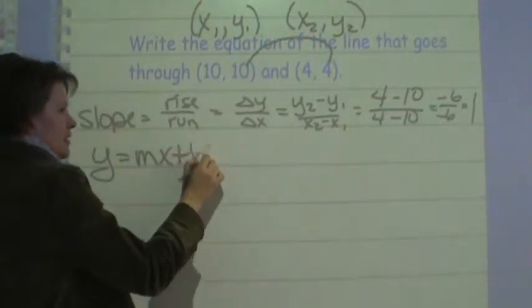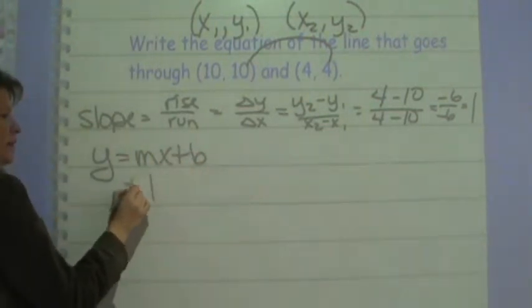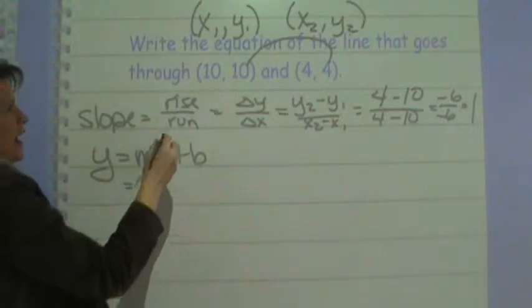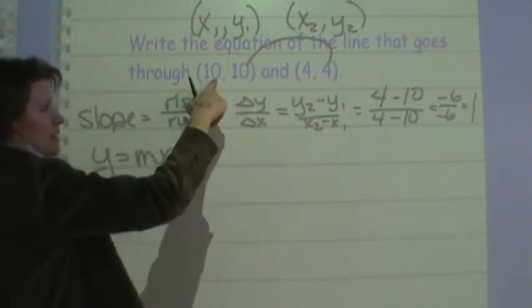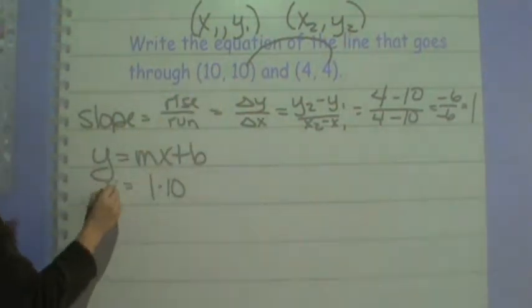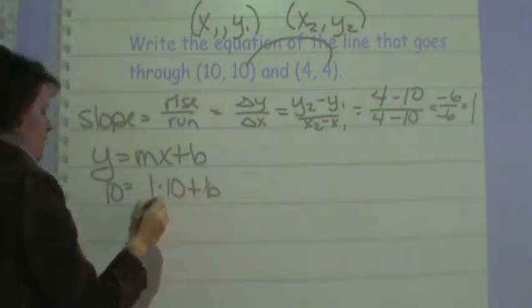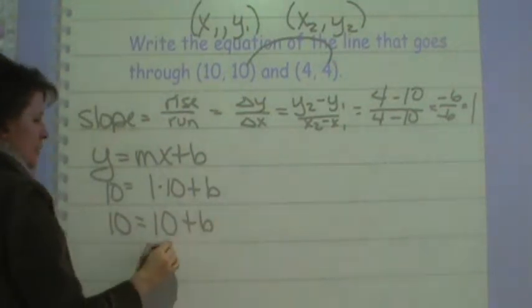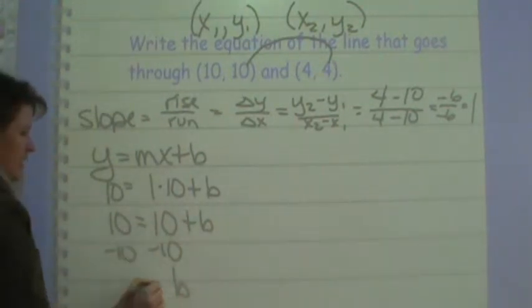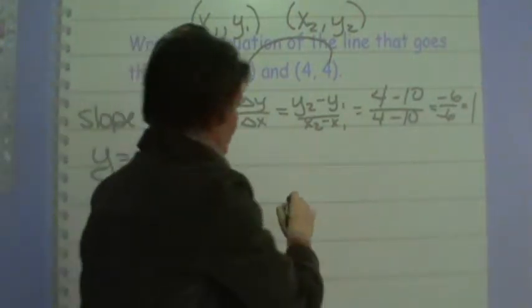So let's go back to this equation. We now know m is 1. And we can pick either point now for our x and our y. So if I pick this x, then I have to pick this y. Okay, so 10 equals 1 times 10 is 10. Subtract 10, so b is 0.